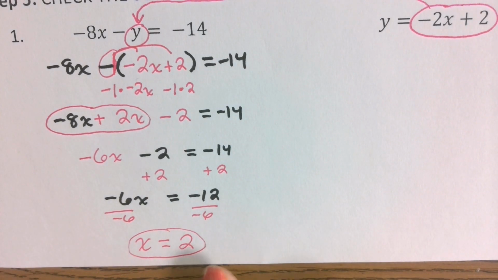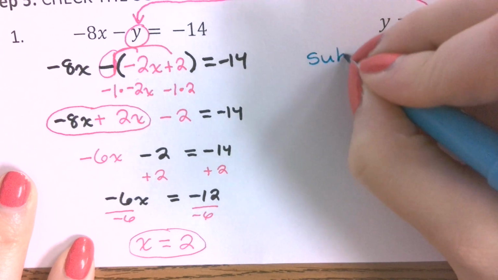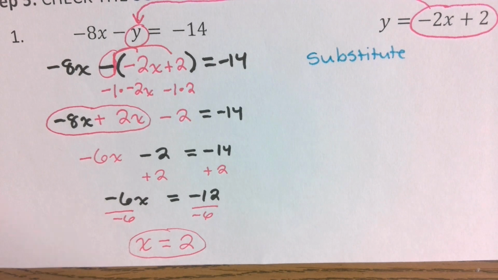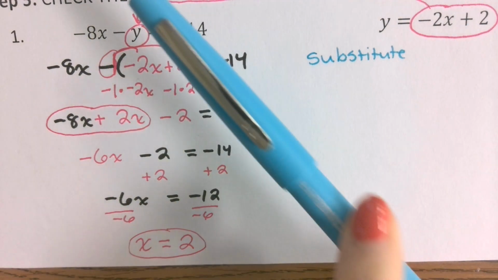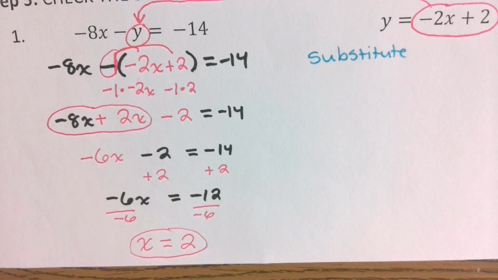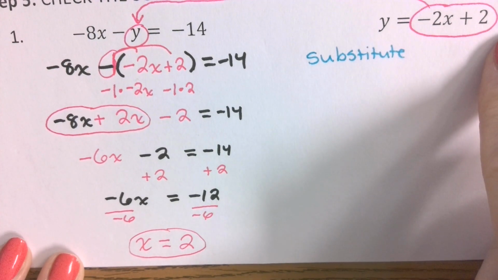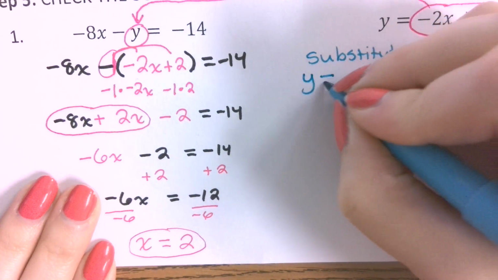What do we do now that we have x is equal to 2? Substitute. Okay, now pick one of the values. Which one do you think is easier for me to substitute into if I'm trying to solve for y? The first one or the second one? Second one, because y is already by itself, isn't it? It says y equals. So why not just substitute it into the one that says y equals?